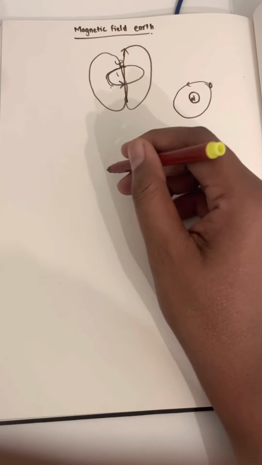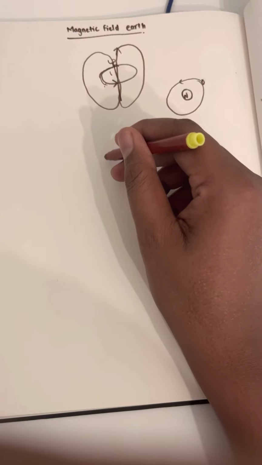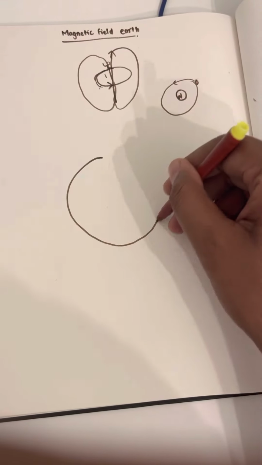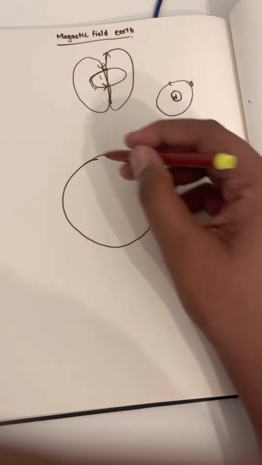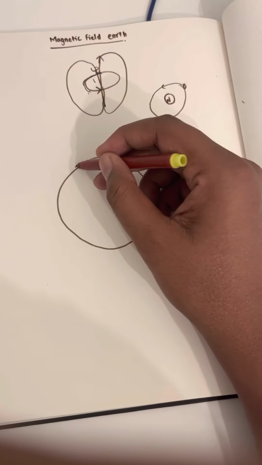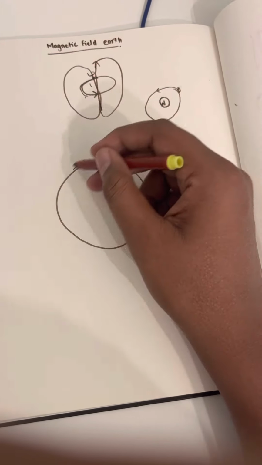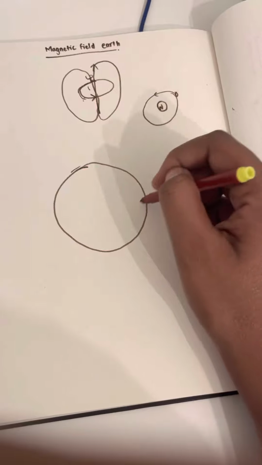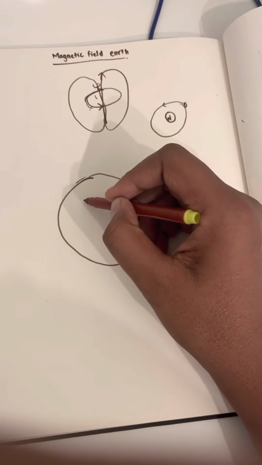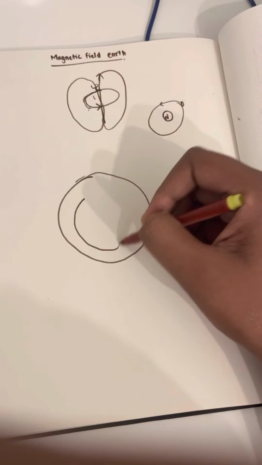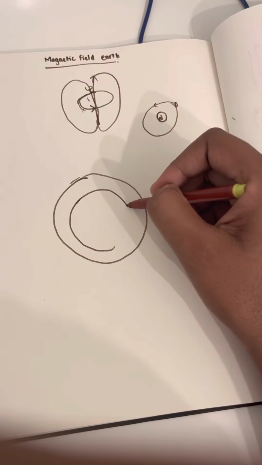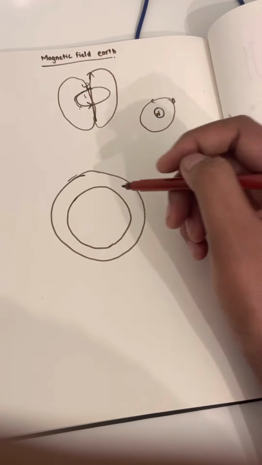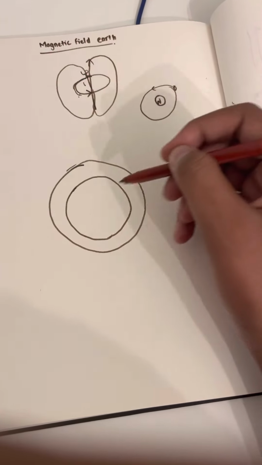Now let's talk about how Earth generates such a magnetic field. So this is the Earth, and imagine there's a thin layer of crust on top of this. This is the surface where we all live, and you have a region called the mantle, which is basically all rocks, sediments and other stuff, silica and so on.